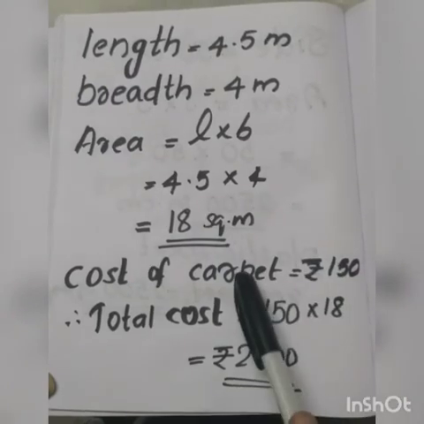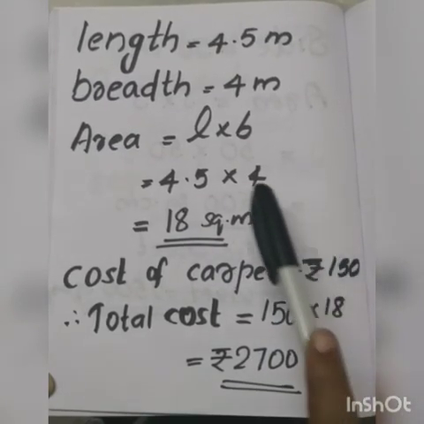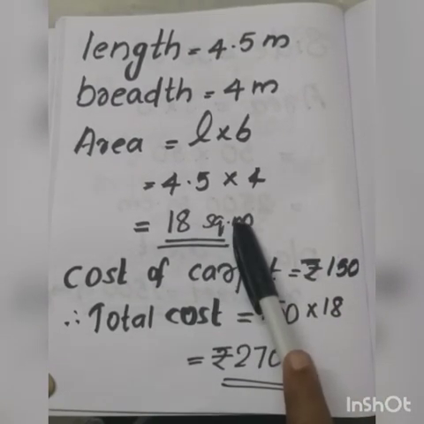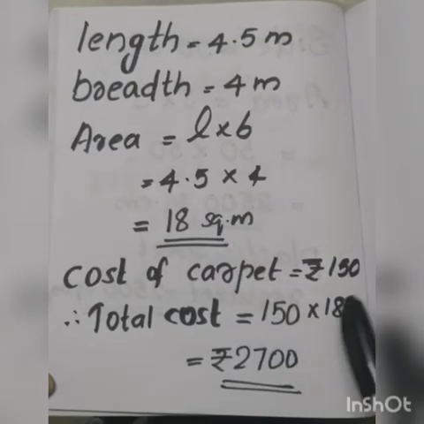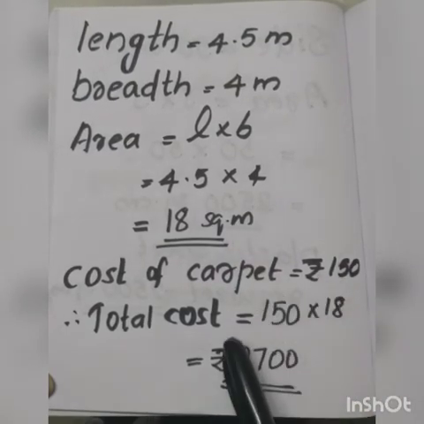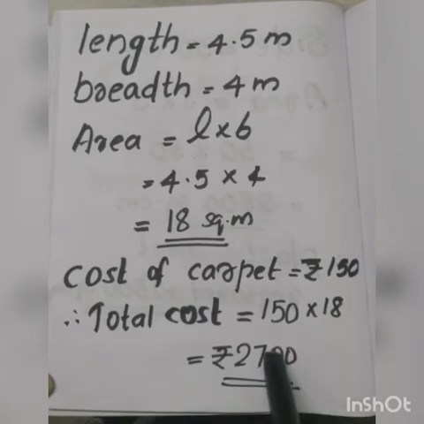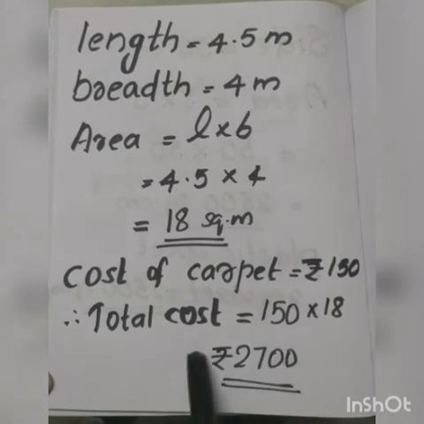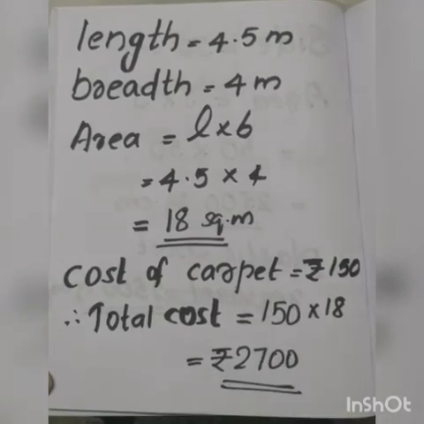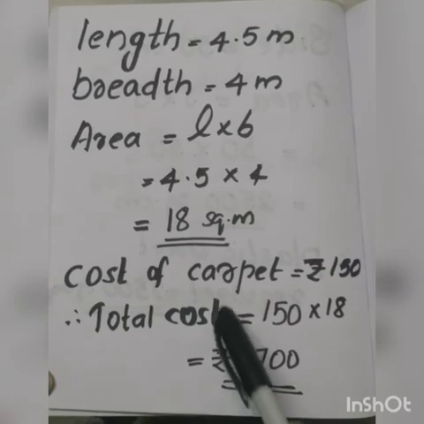For 1 square meter it is rupees 150. So for 18 square meter it will be how much? 150 into 18, which is rupees 2700. So the total cost required for the carpet is rupees 2700.